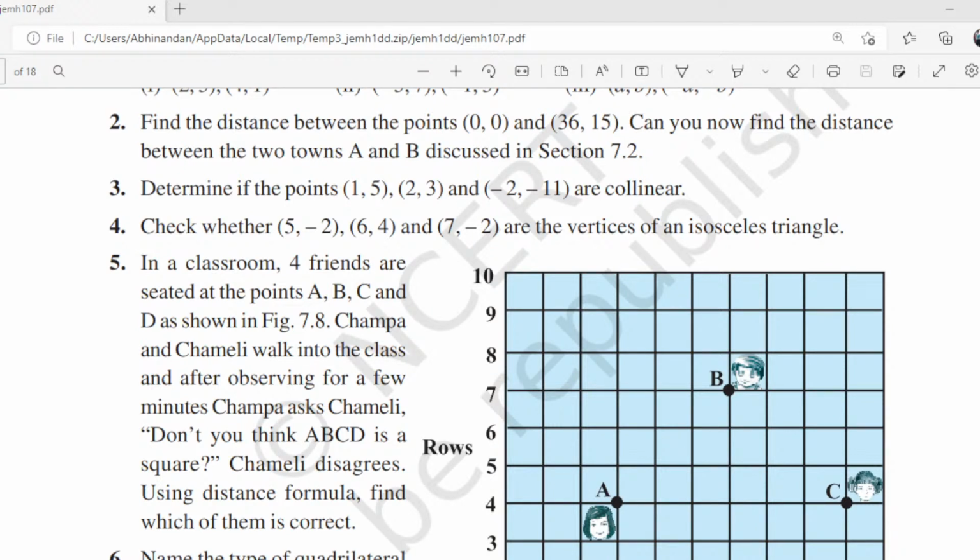Next page, question number 4. You have to find an isosceles triangle here like that. This is your isosceles triangle. I made this. Now A, B and C. It is not looking like something like equilateral. But I will change this. And definitely I will make another triangle.